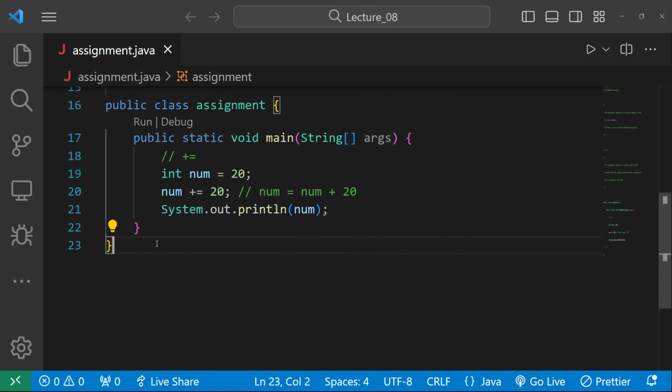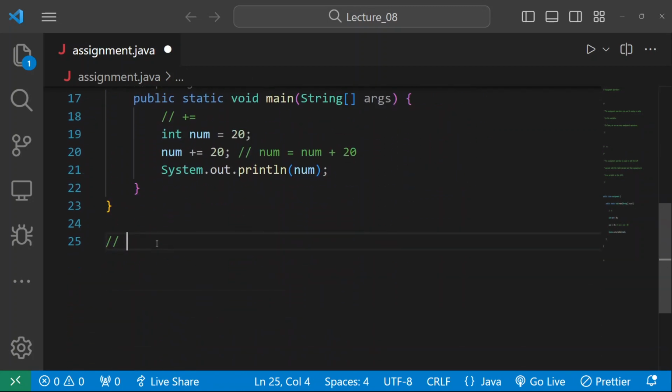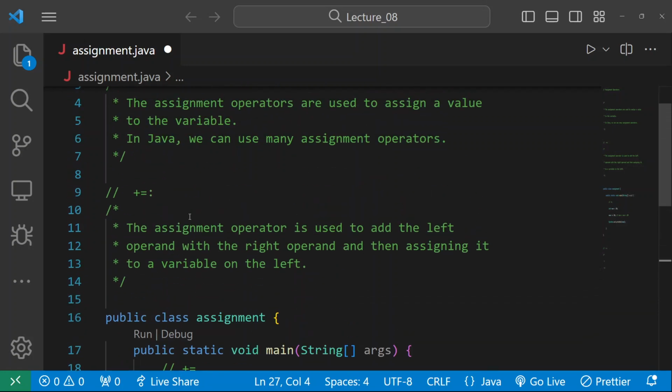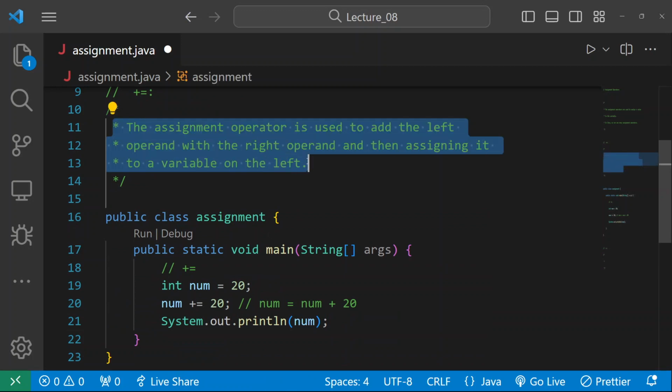To be a little bit interactive, I'm not wasting my time by changing my screen again and again. Okay. So next is minus equal to. Same thing, but instead of addition, we are doing subtraction. Copying the same thing for you. Minus equal to.